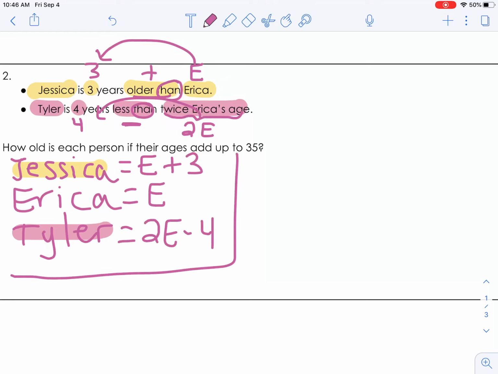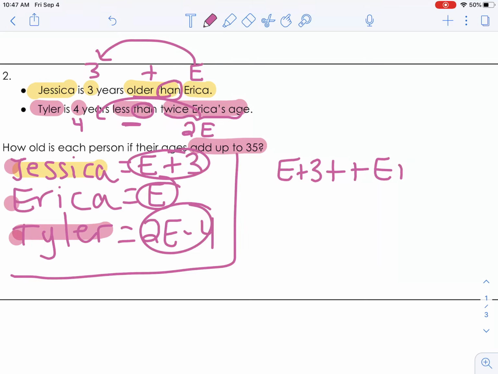And this last sentence says, how old is each person if their ages add up to 35? So I can take each of these expressions, Jessica, Erica, and Tyler, that we represented mathematically, and add them up to equal 35. So we have Jessica as E plus 3, plus Erica, E, plus Tyler, 2E minus 4, equals 35.